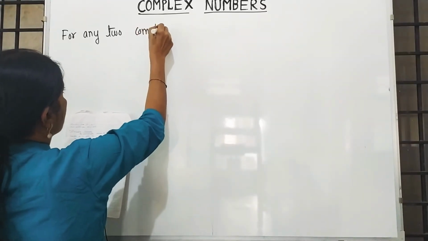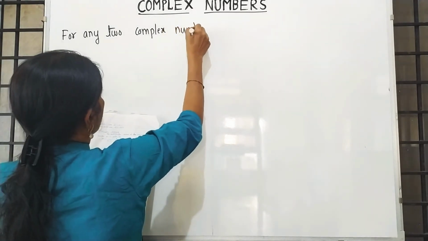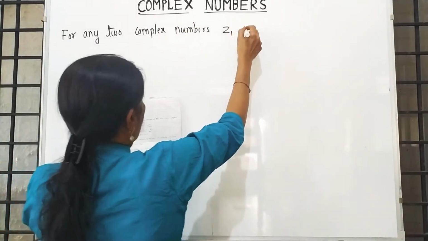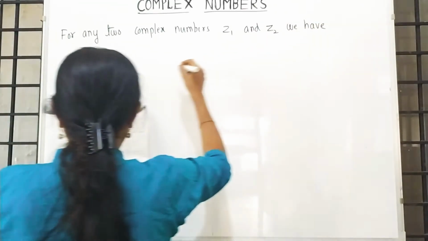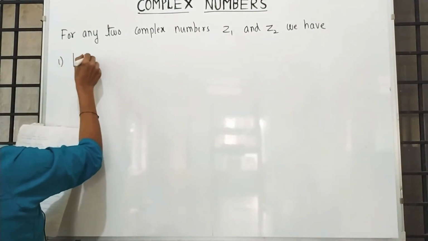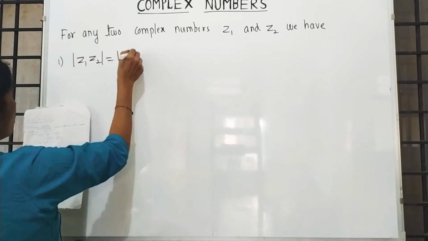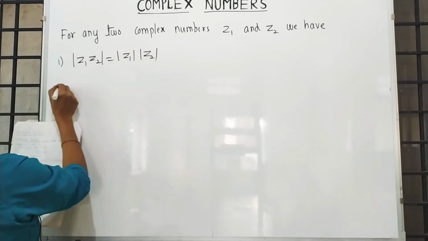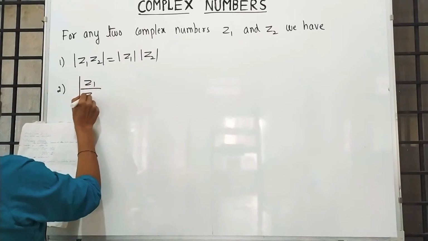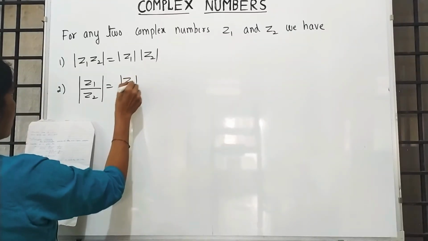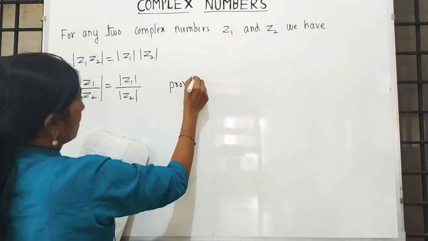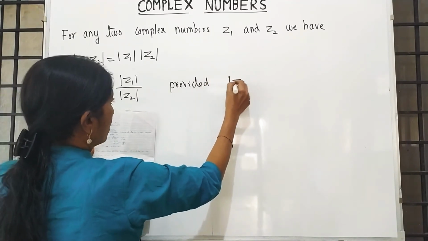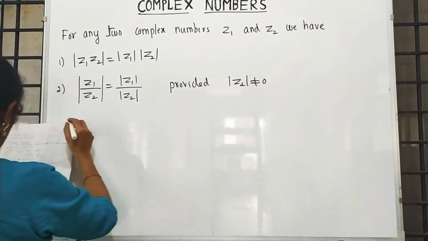For any two complex numbers z1 and z2, we have modulus of z1 into z2 is equal to modulus of z1 into modulus of z2. Provided modulus of z2 is not equal to 0.